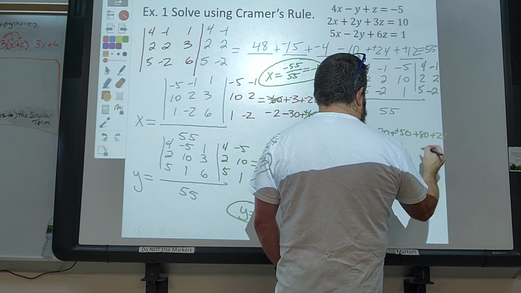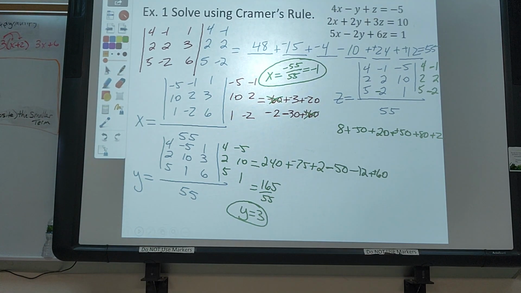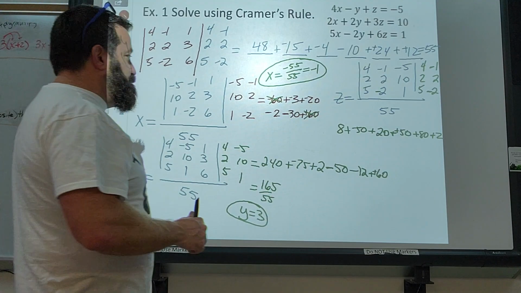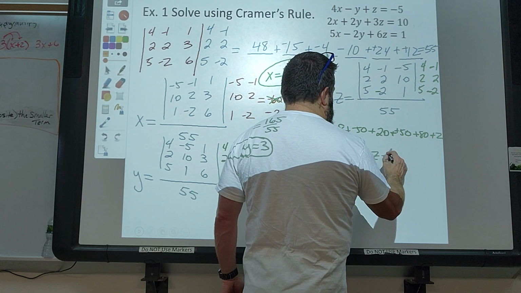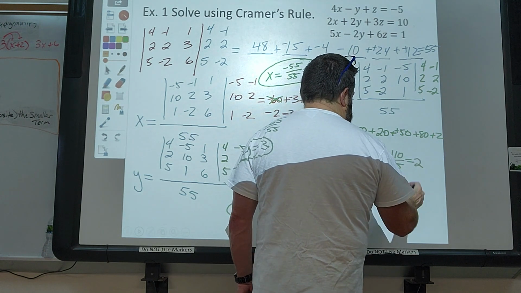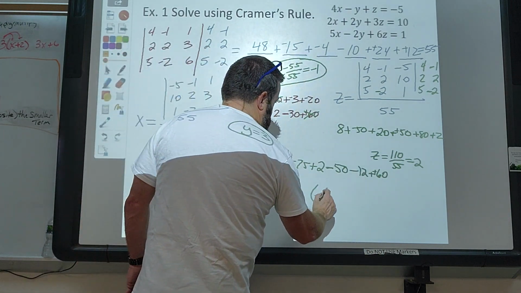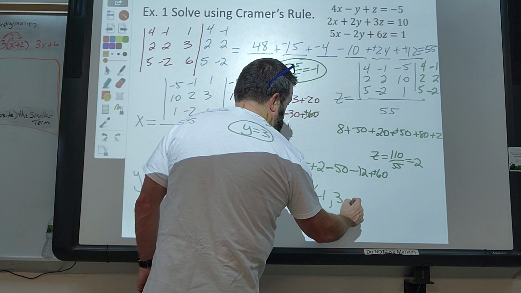So it's actually going to be a +2. So 8 and 2 is 10, minus 50, -40, plus 20, -20, plus 50 would be 30, plus 80 is 110. So that all comes out to be z equals 110, and the denominator is 55, so that comes out to be 2. So my ordered triple here is -1, 3, 2.